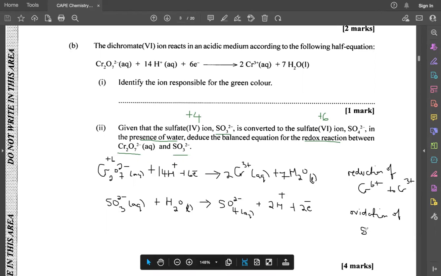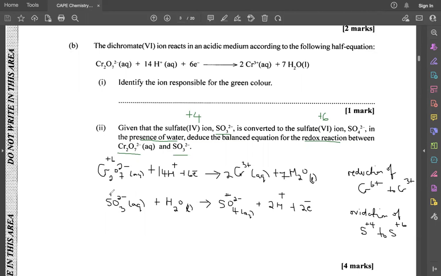So I'm just going to put S+4 to S+6, because those are the changes in oxidation state that we see here. So here we end up at +6, and here the sulfur was +4. Okay, so then what remains?